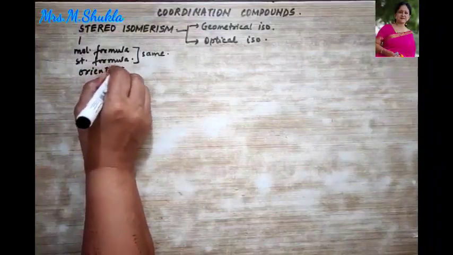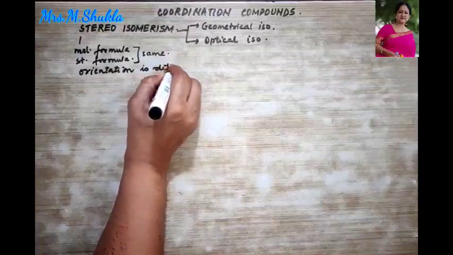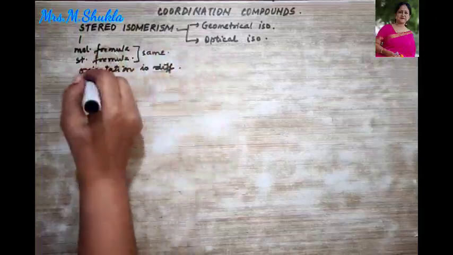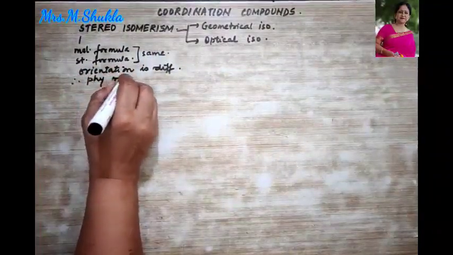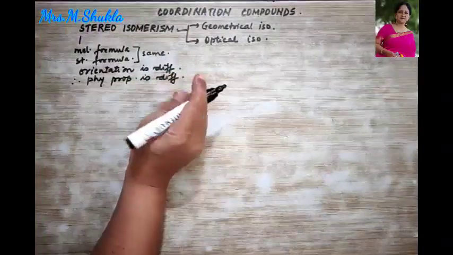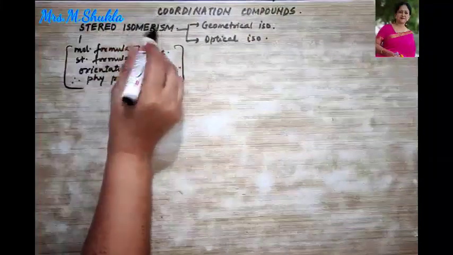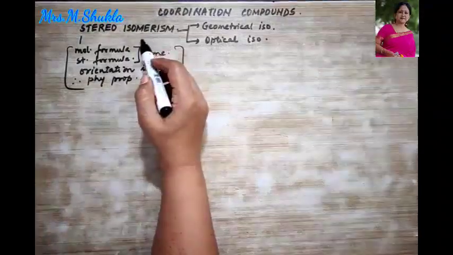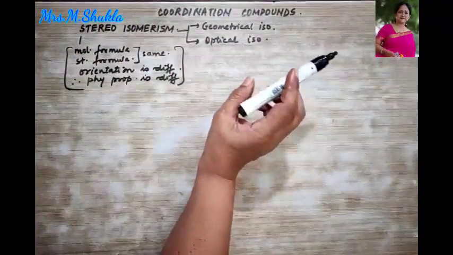Orientation of the ligands is different, and since orientation is different, therefore the physical properties of the compound are also different. So in this case we say the compounds show stereoisomerism. Clear? Then stereoisomerism is of two types, geometrical isomerism and optical isomerism.